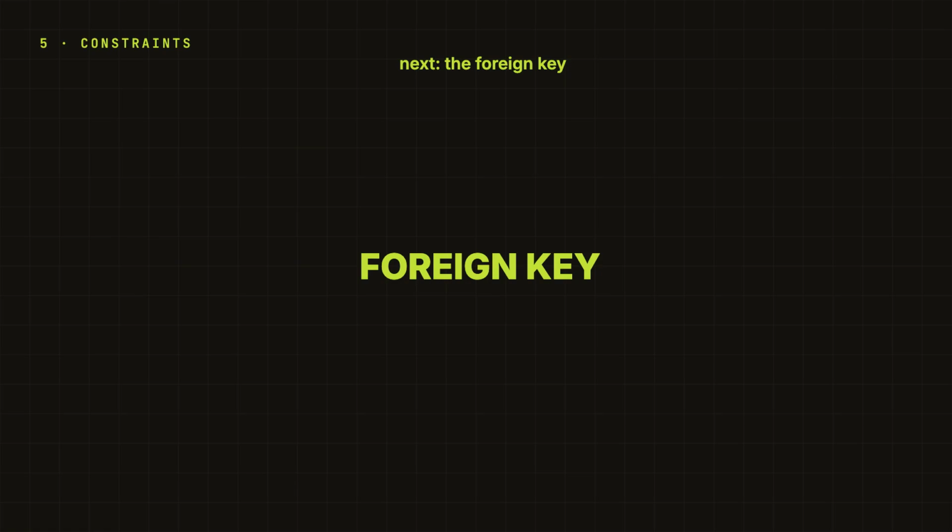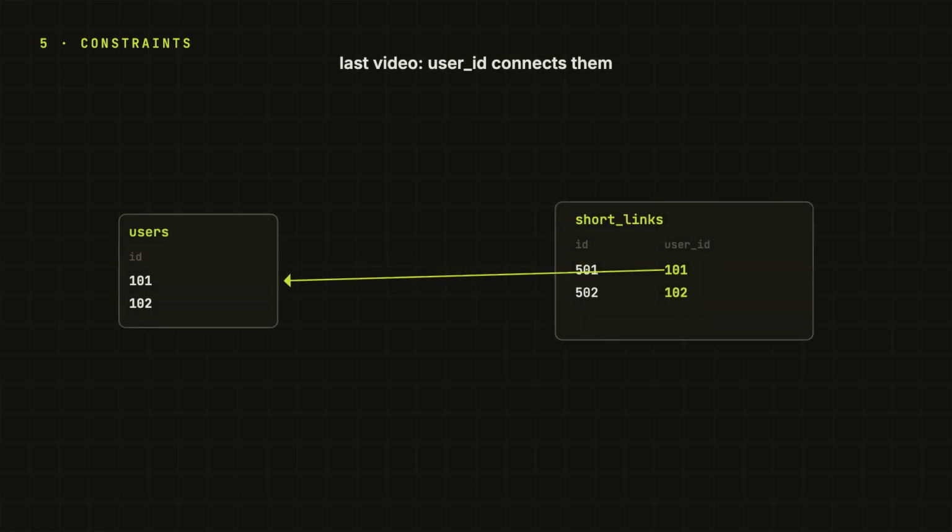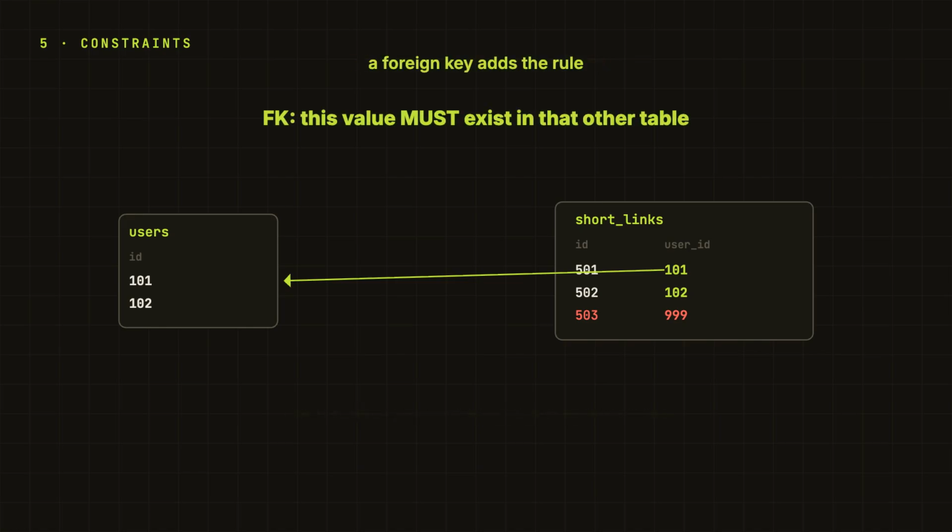Next is the foreign key. In the last video, we used user ID to connect short links back to users. But if we do not declare a rule, user ID is just a number. The database does not magically know where it points to, a real user. So a foreign key says this value must exist in that other table.